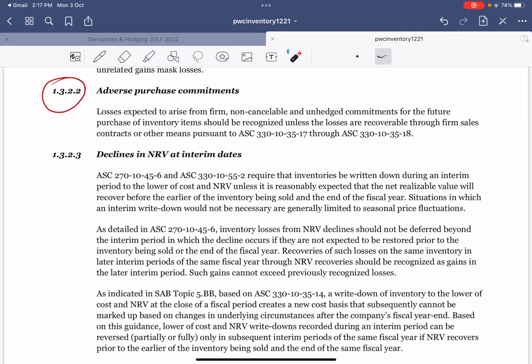Okay, if there is a decline in inventory, so ASC 270 and 330 require that inventory be written down during an interim period to the lower of cost and market unless it is reasonably expected that the net realizable value will recover before the earlier of the inventory being sold and the end of the fiscal year. Situations in which an interim write-down would not be necessary are generally limited to seasonal price fluctuations.